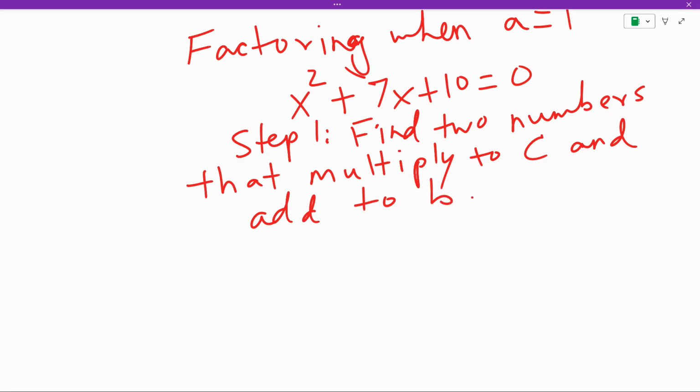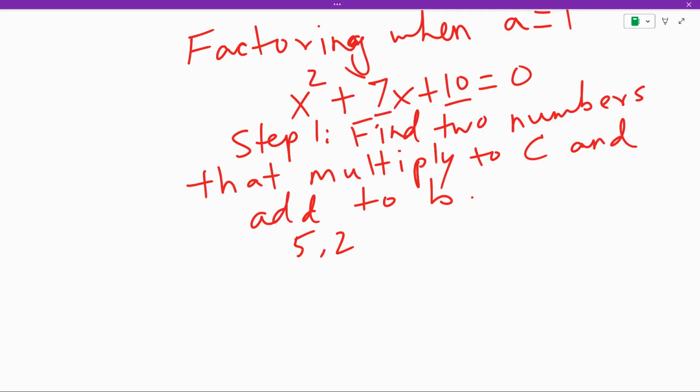Let's consider what we have for c here. Our c in this case is 10, and our b is 7. So what are two numbers that multiply to 10 but add up to 7? Two numbers that accomplish that goal are 5 and 2.